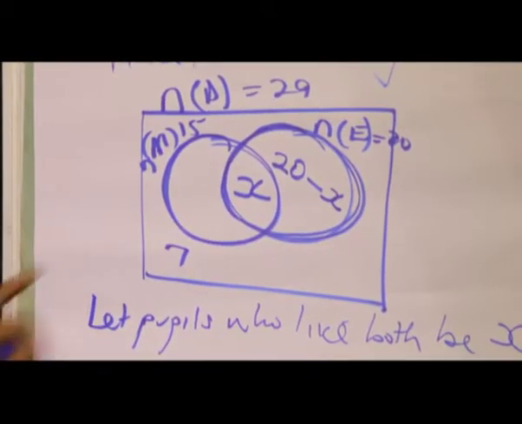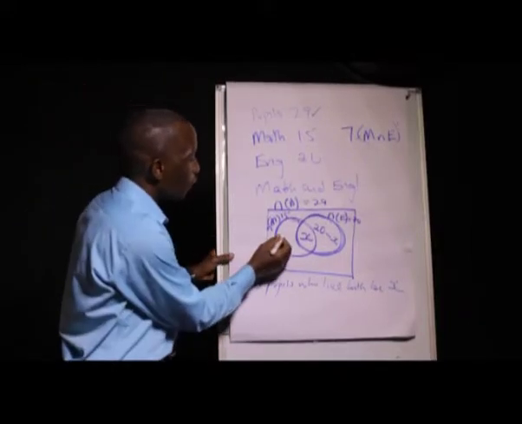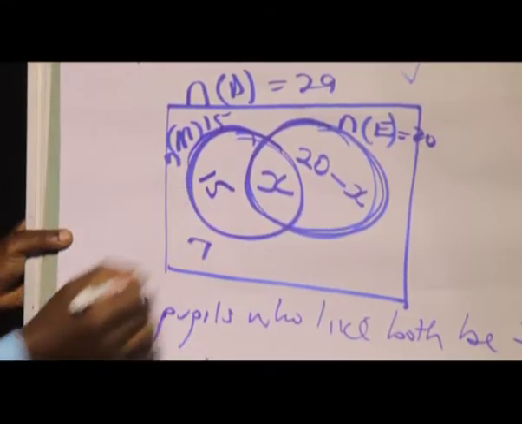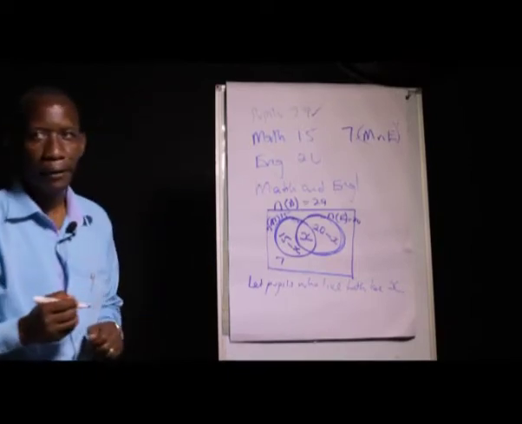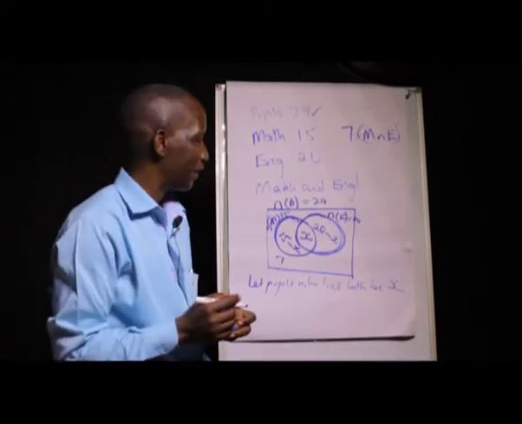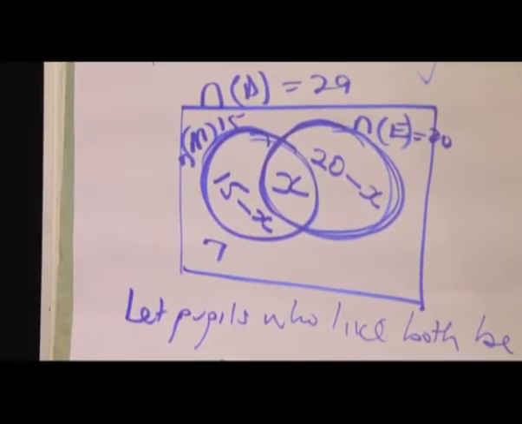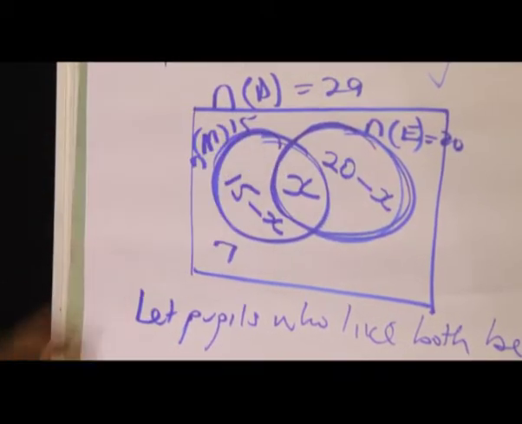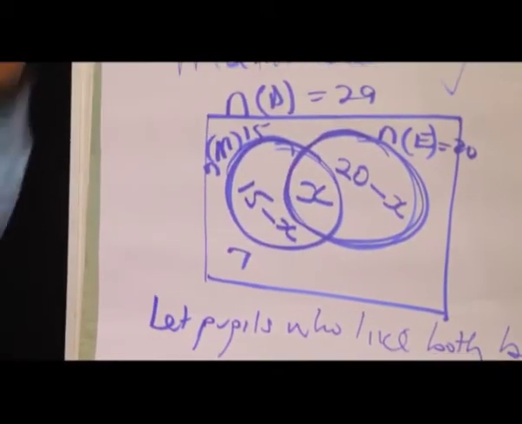That's when we shall get pupils who like only English. On the other side, we shall get all pupils who like math and take away pupils who like both subjects. Once we have this illustration, then we have halfway solved the problem. Now to get pupils who like both subjects, just total up this to the universal set.